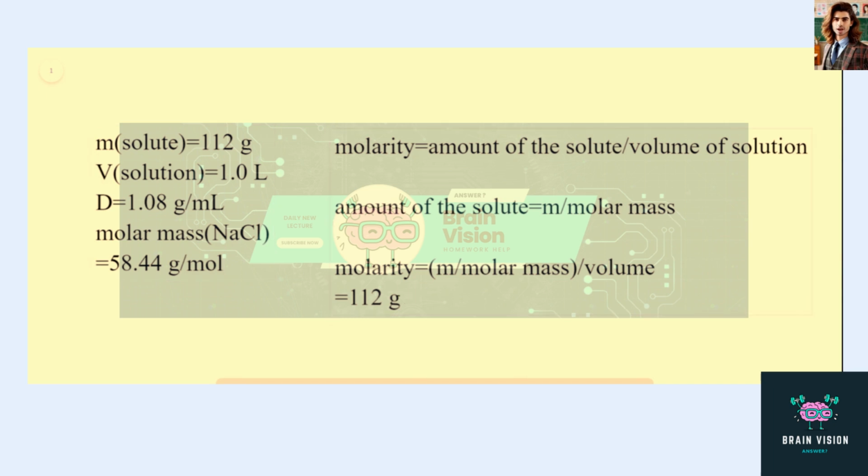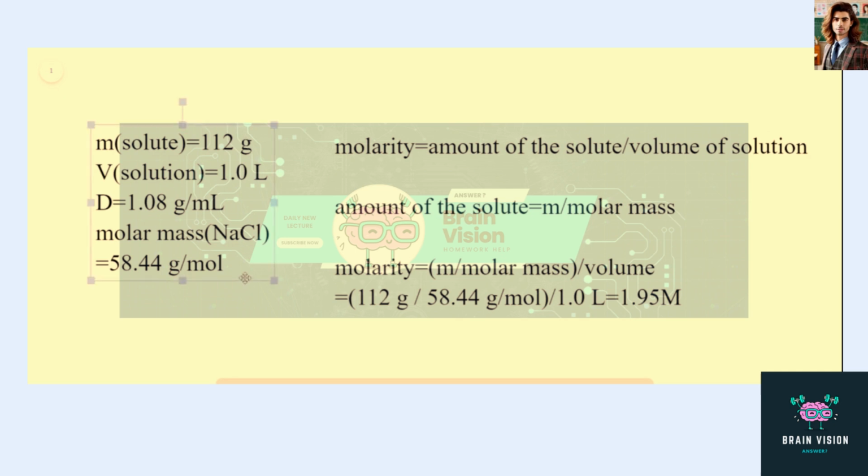So we'll put that into our equation, 112 grams divided by 58.44 grams per mole, and divide it all by 1.0 liters. And this results in our molarity being 1.95 moles per liter. And this is the first answer.